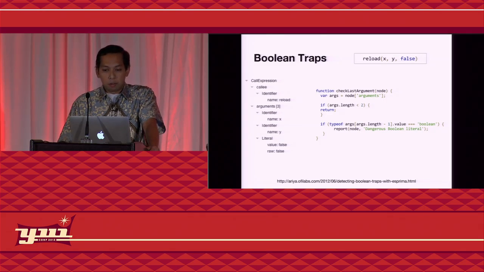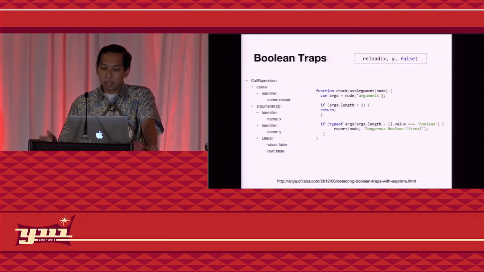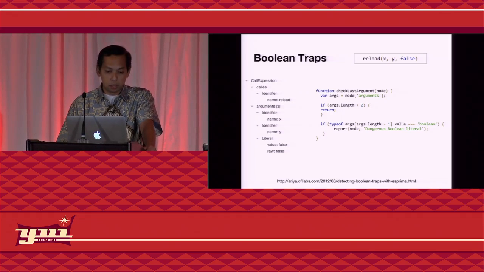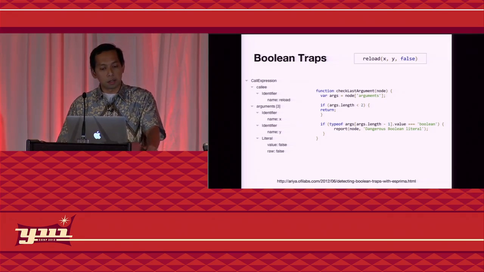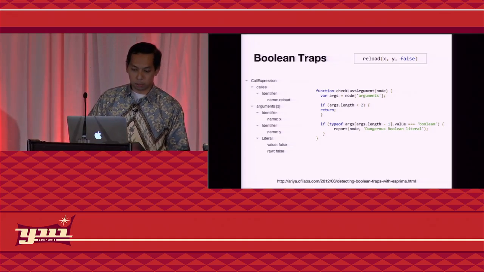In this example, reload(x, y, false), I want to detect the existence of such Boolean literals as the last few function arguments in the functions. So if you parse that and produce the syntax tree, you're going to see the tree like on the left side. All I need to do is walk through my syntax tree and detect if there's a call expression that has Boolean literals in the arguments.